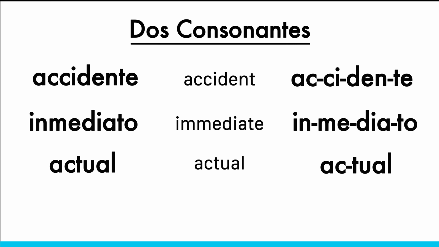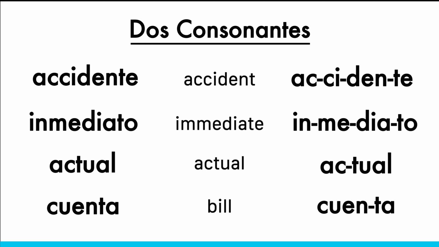The C is going to stay with the letter A, and the letter T is going to stay with the letter U. And the last one is cuenta. And the first syllable is long because we have the weak vowel U and the strong vowel E, so they are going to stay together.